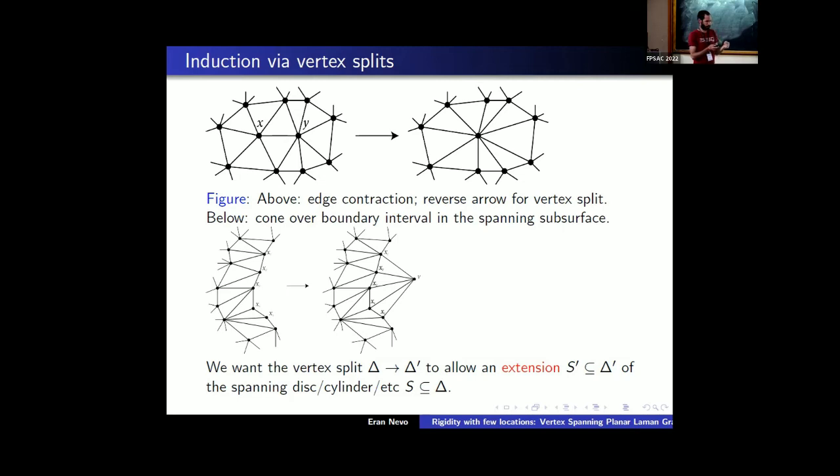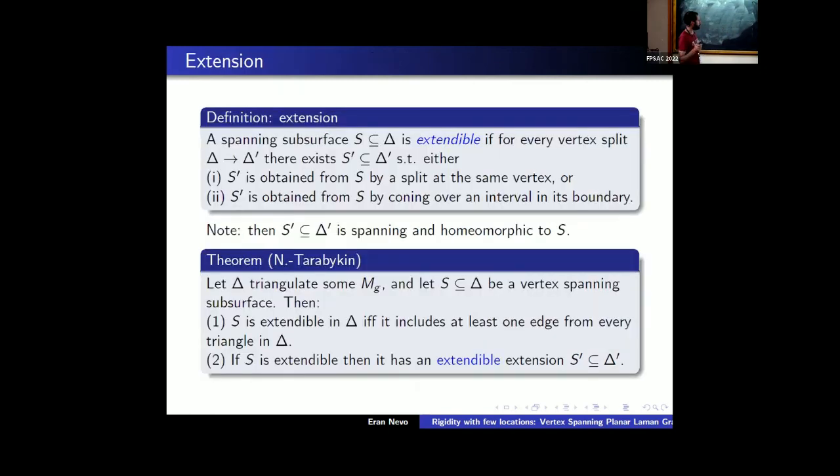And moreover, that this new subsurface itself will be extendable for the next iteration. Okay, so that's the goal. And indeed, we have the following result that sometimes you can do it. So here is the definition of extendable I just mentioned.